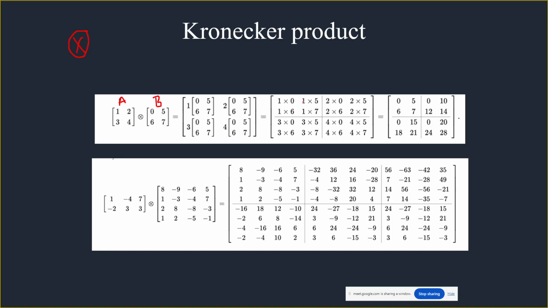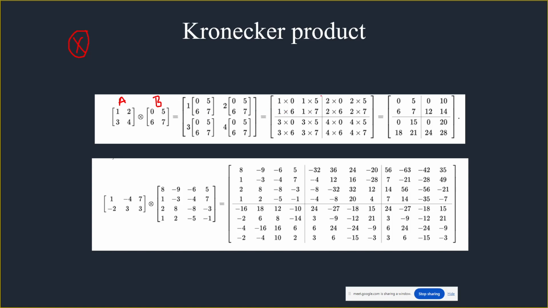We know how to do matrix multiplication. Now we will multiply in that way, and in the first slide we saw how we can do scalar multiplication. Here we will do that scalar multiplication. We are doing it with the constant 1 with each of the elements of the B matrix. We are multiplying 1 with 0, 1 with 5, 1 with 6, and 1 with 7.